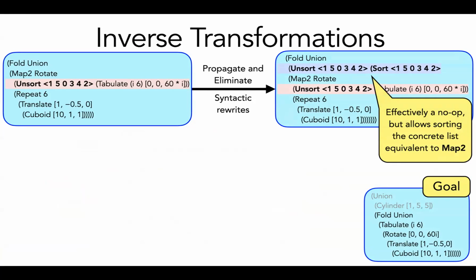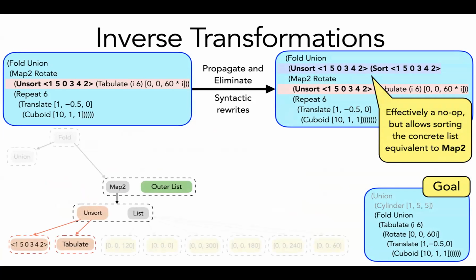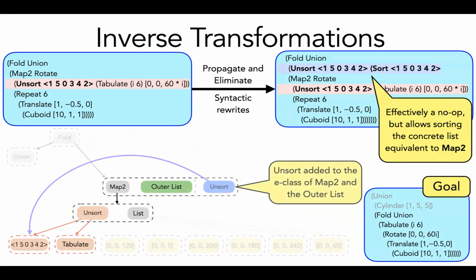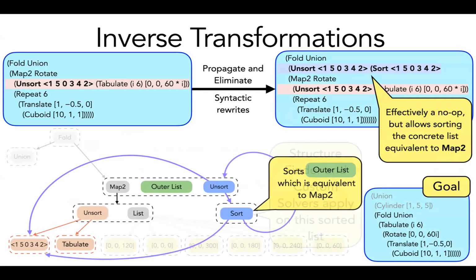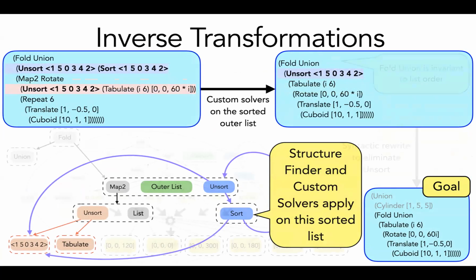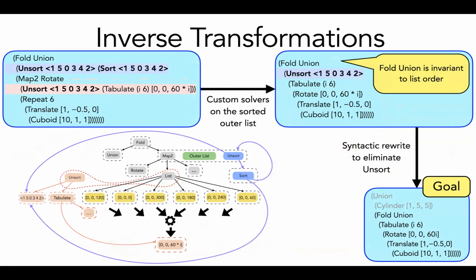But what's great is that additional rewrites are going to be able to simplify those away. Because, for example, in the context of a fold union, an unsort is an identity. And so that cancels via rewriting, and you end up with the target high-level program.